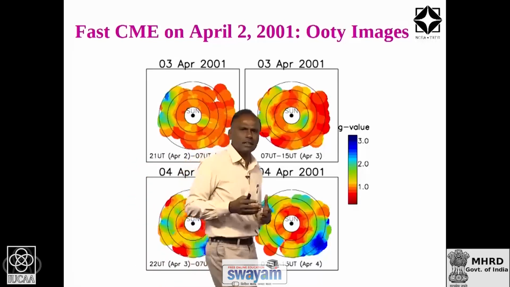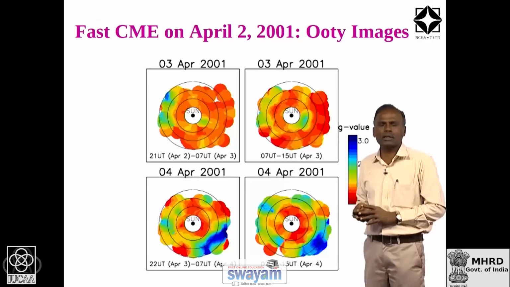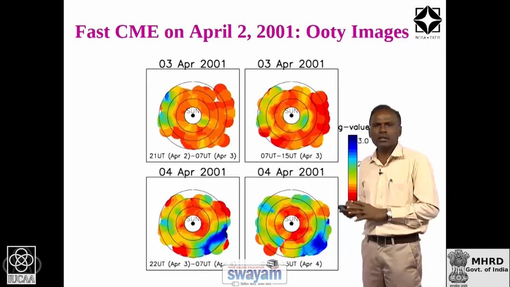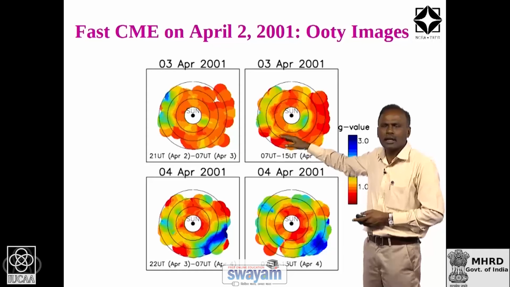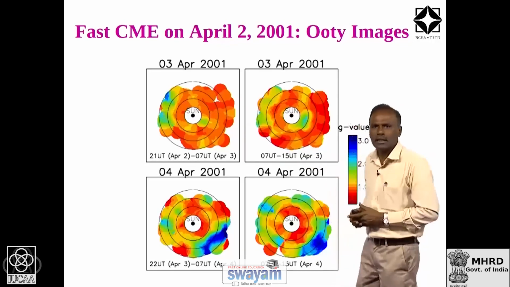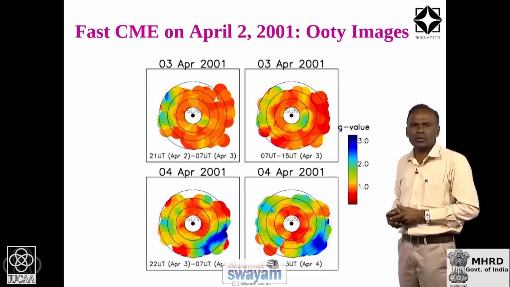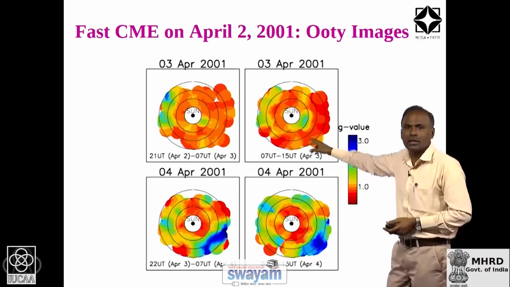So this gives some of the images of coronal mass ejection made using the UT radio telescope. Here the red color indicates the background solar wind, and then the enhanced color indicates the presence of coronal mass ejection. So this is from sun to 1 AU distance.